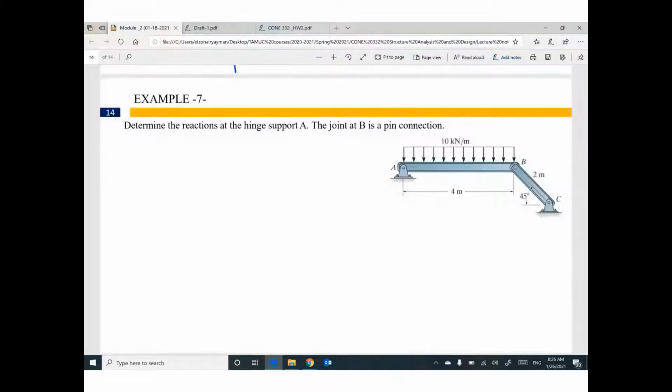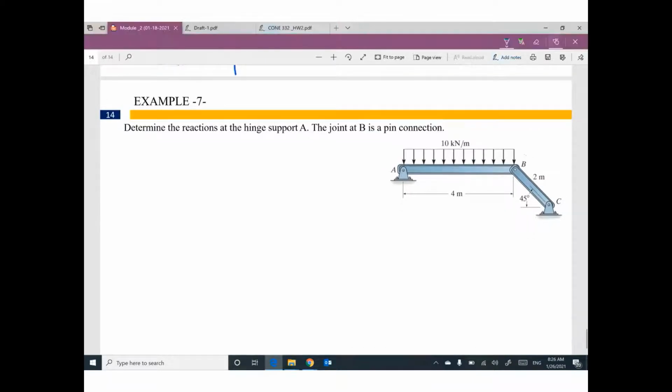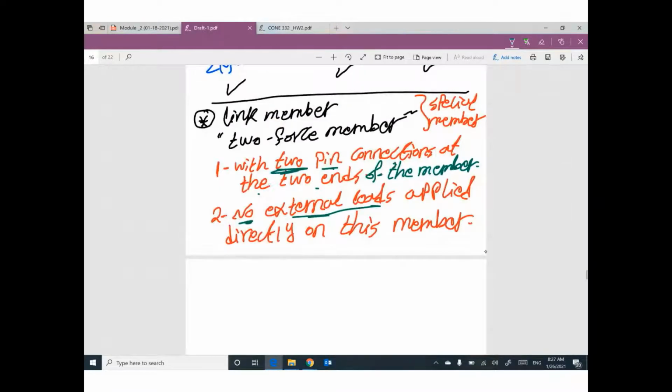If you go back to this problem, what do you think about member AB? Member AB, we have here pin connection at B, at A, we have pin connection. So the first condition is good. Two pin connections at the two ends of the member.